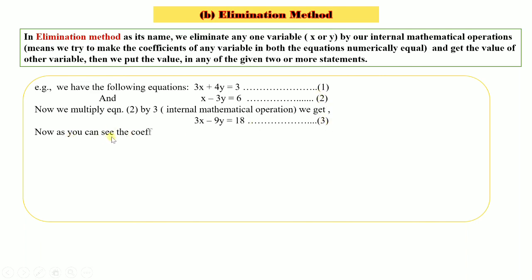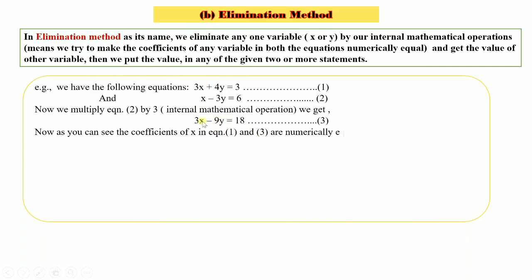Now as you can see, the coefficients of x in the first and in the third are numerically equal, in equation 1 and equation 3. You need to understand this. This is the only key factor in this elimination method.